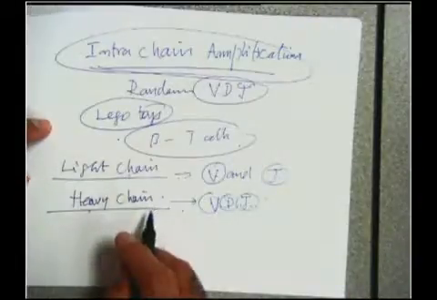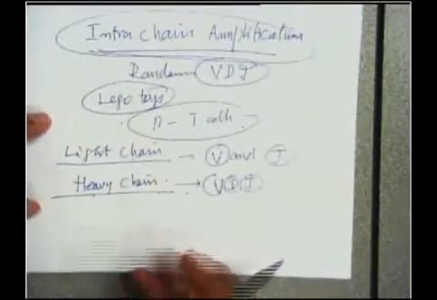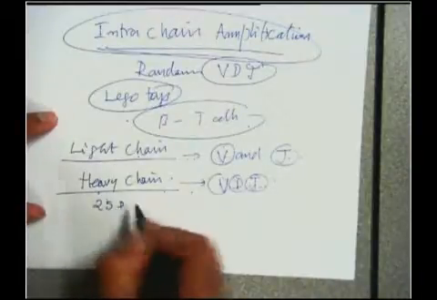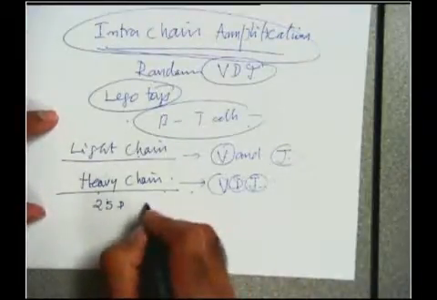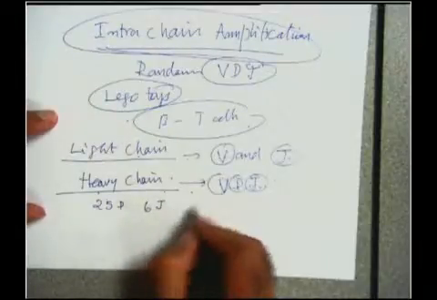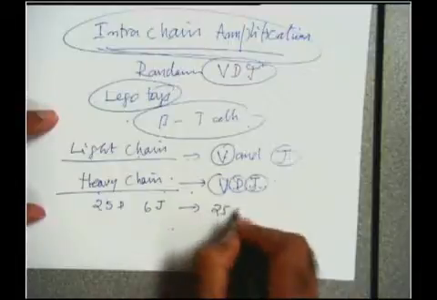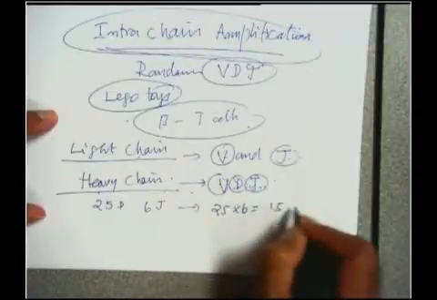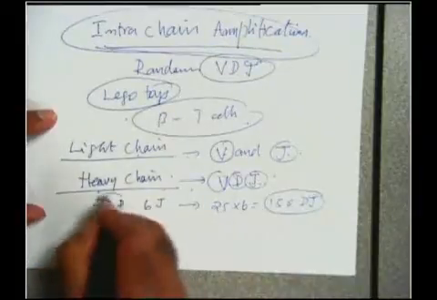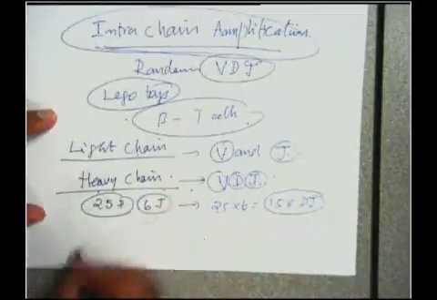So if you choose a random joining, 25 D segments are already there and 6 J. How much DJ is 25 times 6? You have 150 DJ molecules. Only 25 D is existing, only 6 J is existing.